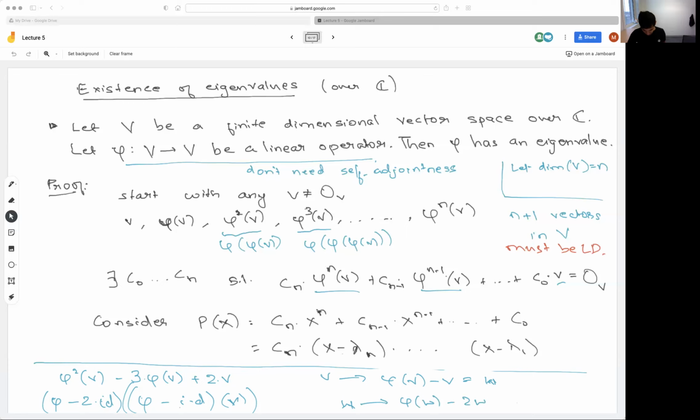Okay. So overall, this is some mapping of v. I start with v, and first I map v to phi of v minus v. And then whatever this vector is, this w, I map it to phi of w minus 2 times w. So it's some complicated thing on v.